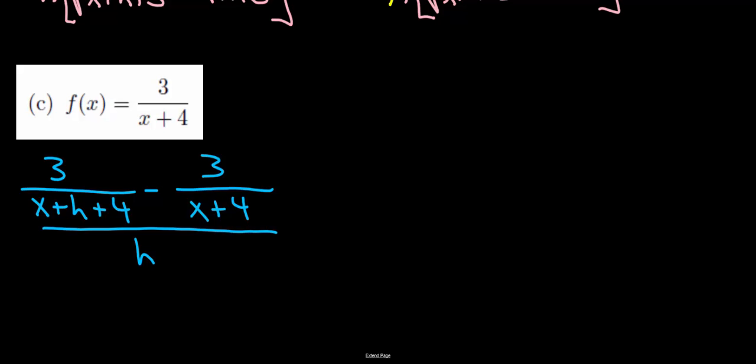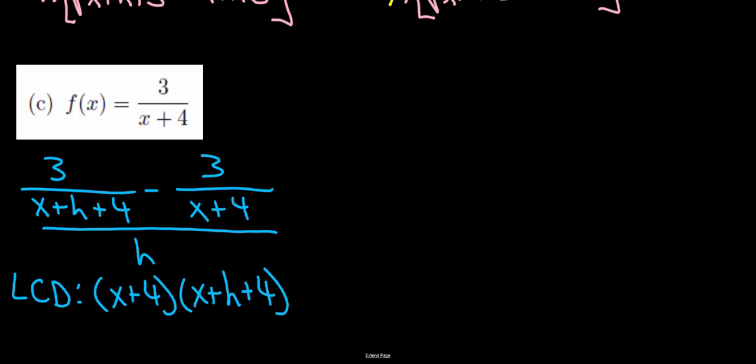We've got a numerator, denominator, but in the numerator there's these denominators, right? So what I need to do is multiply by the product of these denominators. In other words, I need to multiply by x plus 4 times x plus h plus 4. If I do that, that's going to divide out those extra denominators and I won't have to worry about them anymore.